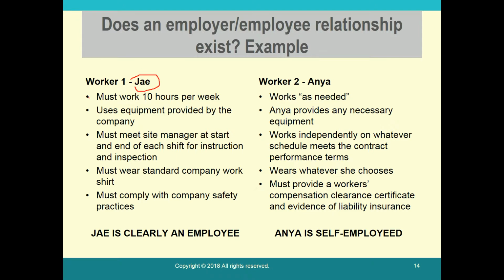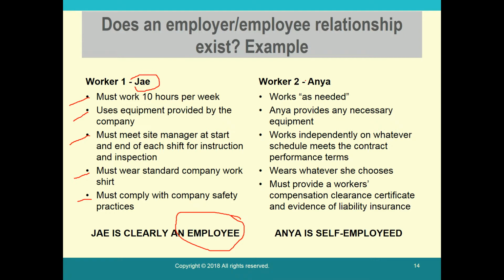Must work 10 hours per week, must work with directions, use equipment provided by the company, must meet the site manager at the start and end of each shift for instruction and inspection, must wear standard company work shirts, must comply with company safety practices. So, if all these things exist, the status is an employee, not self-employed.